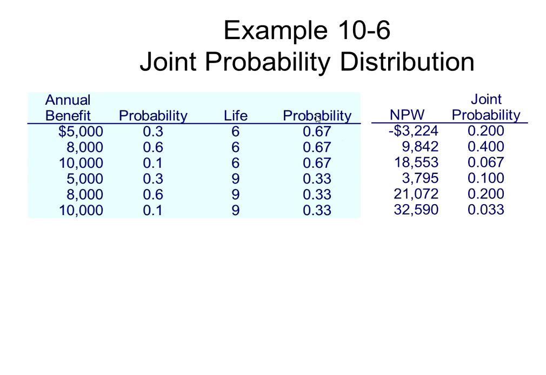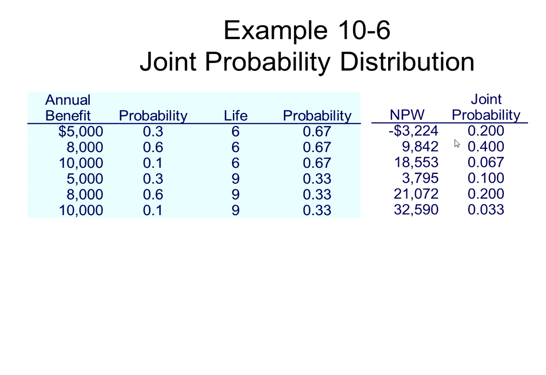Here we are including not only annual benefits and the number of years as a life, but we're also using a specific interest rate and an initial cost. I'm not telling you what it is here. You can look it up in the textbook, example 10.6. But here we can compute the net present worth.